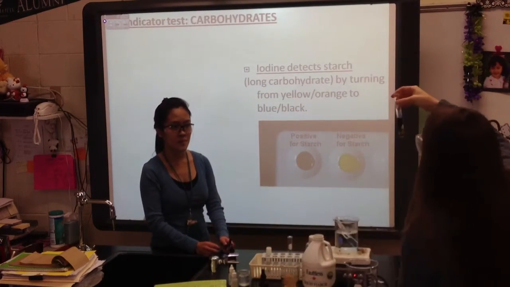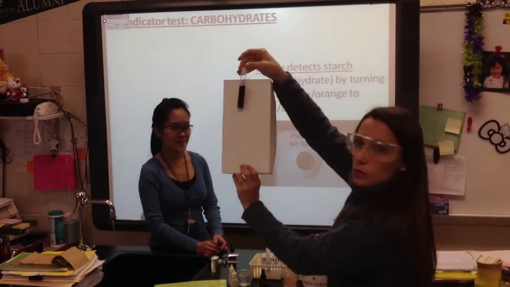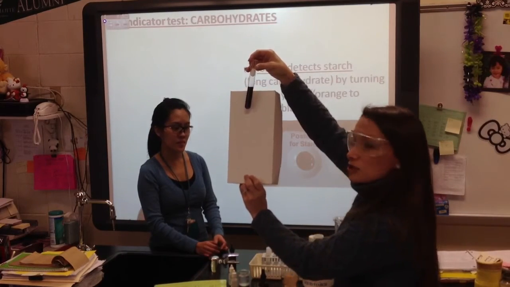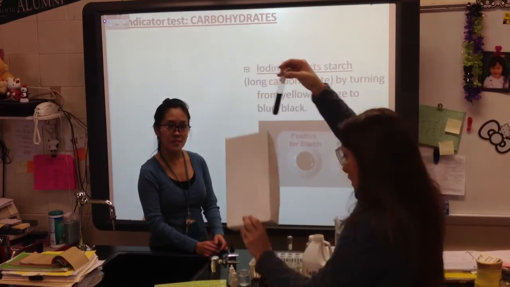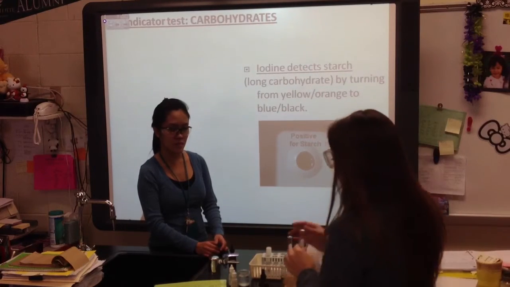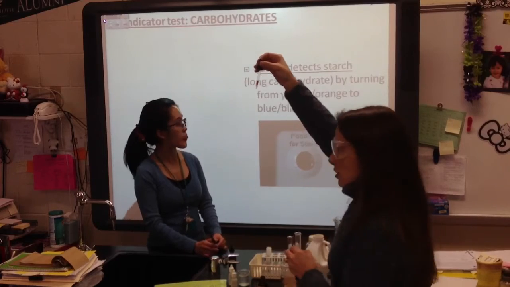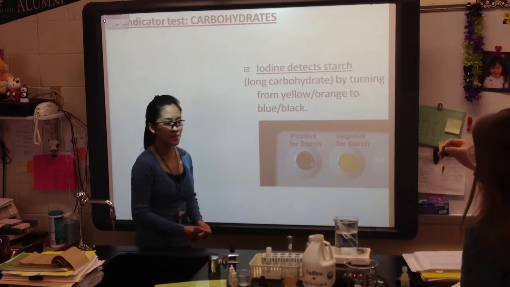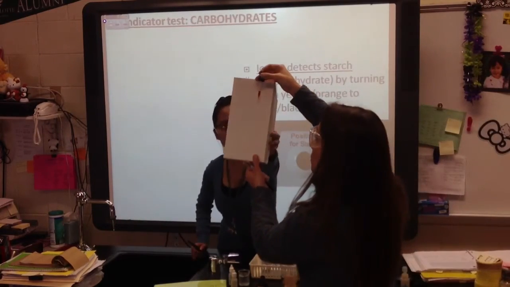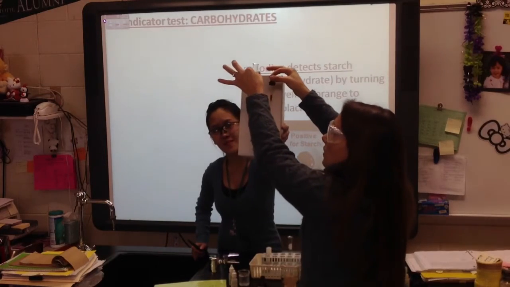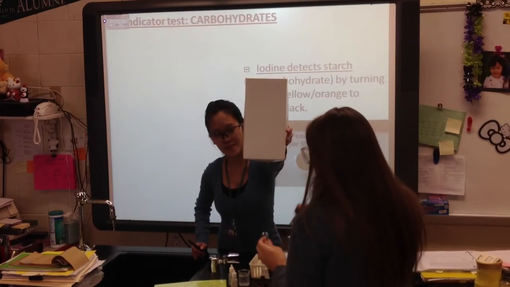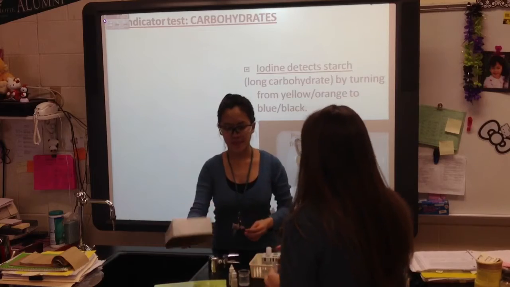And so you can see the blue-black color that it will turn when you add starch and iodine together. Iodine by itself, remember, will start as like a yellow-orange color. But when we actually add both starch and iodine together, we get this purple, blue, black. So that is the iodine test.